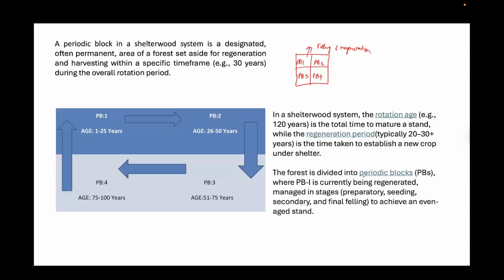Now the forest is divided into periodic blocks where PB1 is currently being regenerated, managed in stages like preparatory, seeding, secondary and final felling to achieve an even age stand.